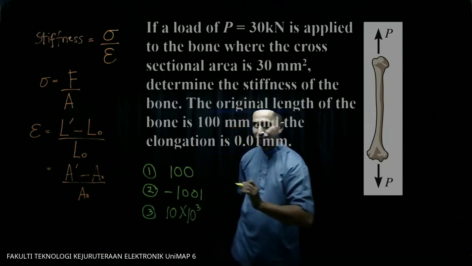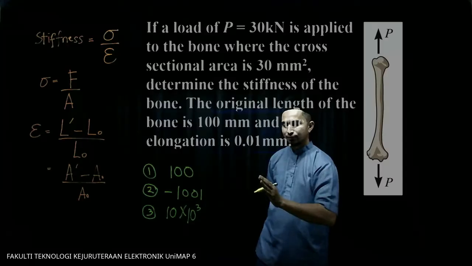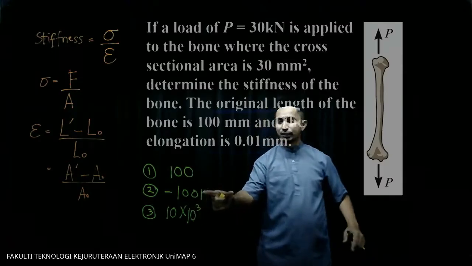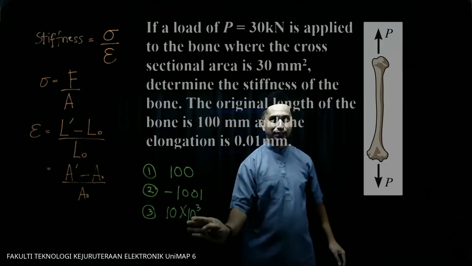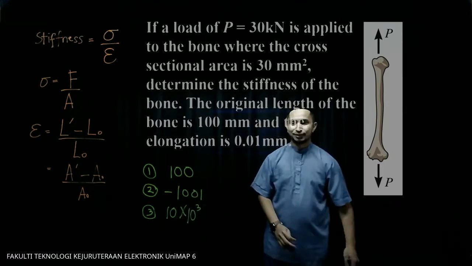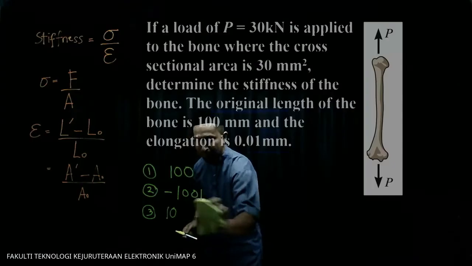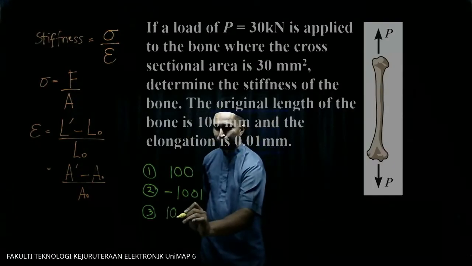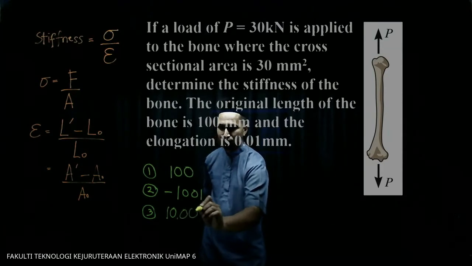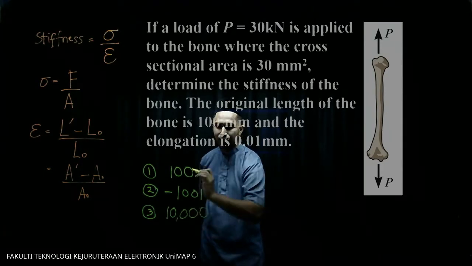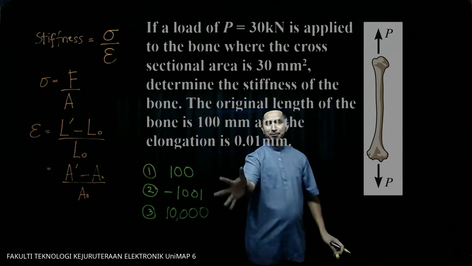And then? Newton over m square. Okay, so the value is 10 kilonewton per m square. Betul? Yes. Okay. Sekejap, saya bagi nampak sikit. So now 3 answer.